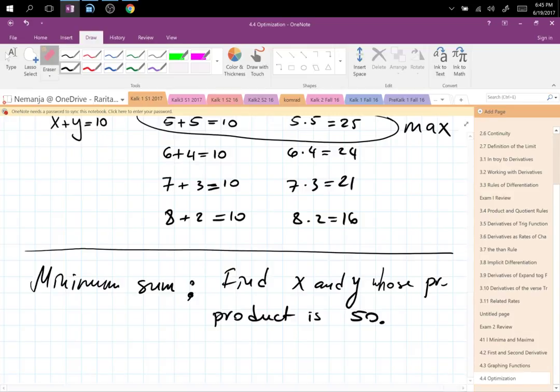So you want to find the minimum sum. So find x and y whose product is 50 and you have a minimum sum.